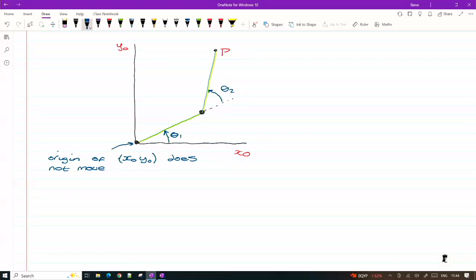So for this analysis, that has to hold, so we're not moving the origin of our coordinate frame.